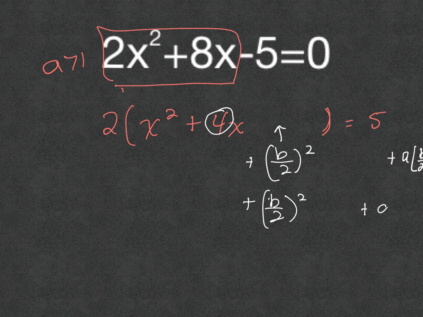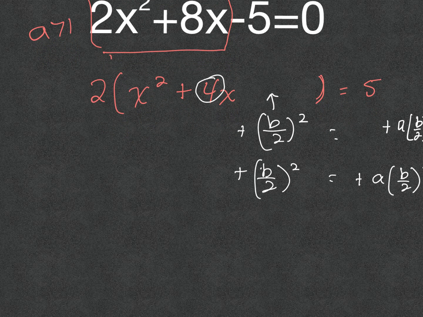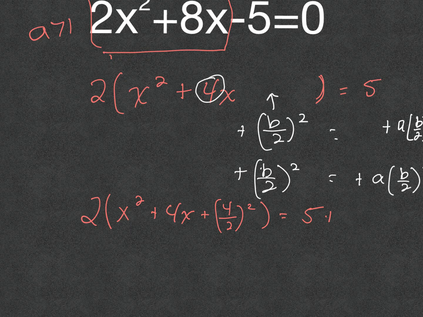I'm going to add a times b divided by 2 squared on the outside of the equal sign. So when I do that, I'm going to get 2 times x squared plus 4x plus 4 divided by 2 squared equal to 5 plus 2 times that. 2 is the a. 4 is the b divided by 2 squared.